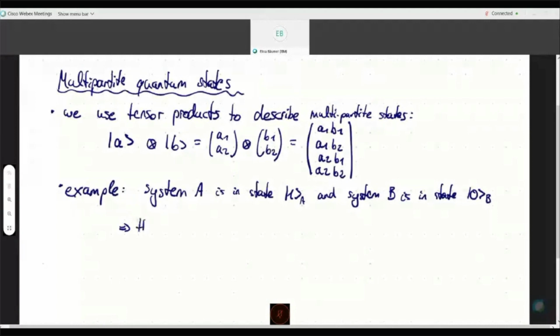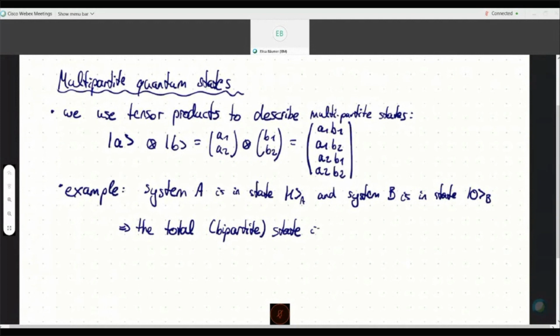Now the total state, and I call this a bipartite state because it's on 2 qubits, is given by, a short way to write it, 1, 0. It's not 10. People just write it this way when what they actually mean is, I will also use that way, by the way.